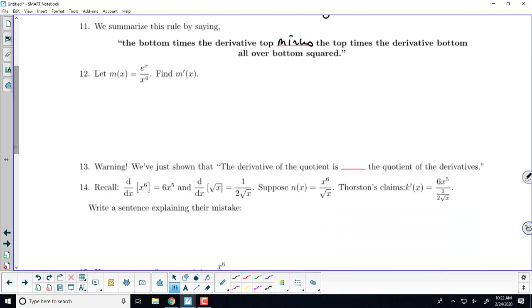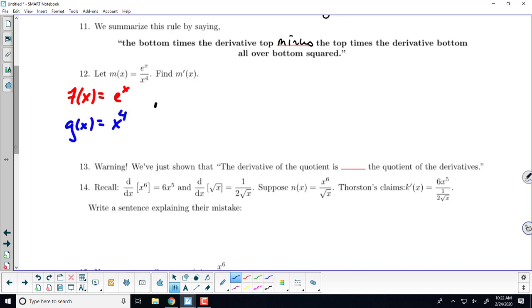All right, let's do this problem. Just like before, we've got an upper function and a lower function. We've got two functions in this expression. Let's call f of x e to the x, and we'll call g of x x to the fourth.